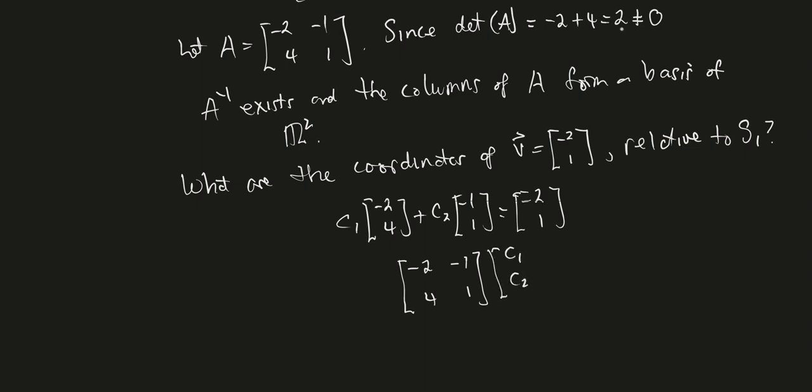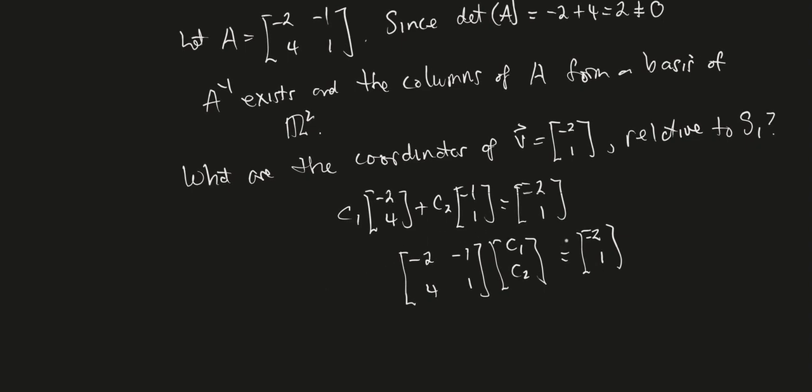We already have the determinant. We have that nice formula for the inverse of a 2 by 2 matrix, so we can make use of that, right? If you just want to go ahead and use your Gaussian elimination, feel free. You can use any method you want to figure what these scalars are, which are going to be our coordinates.